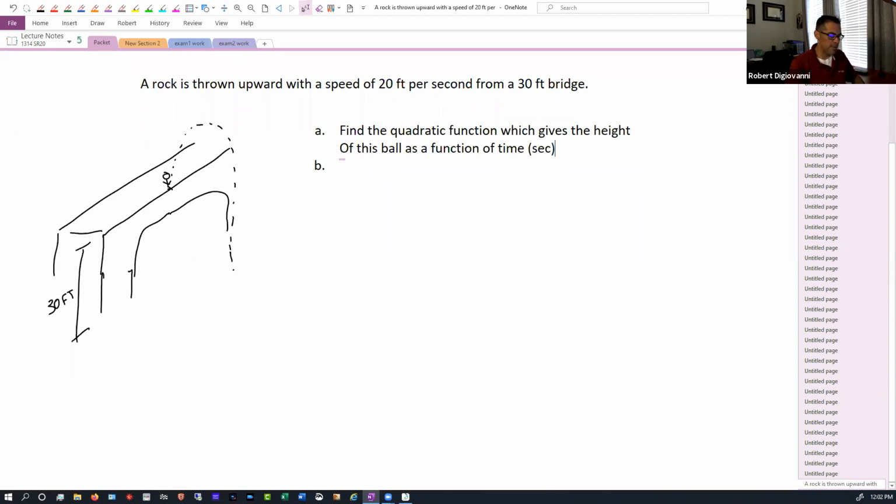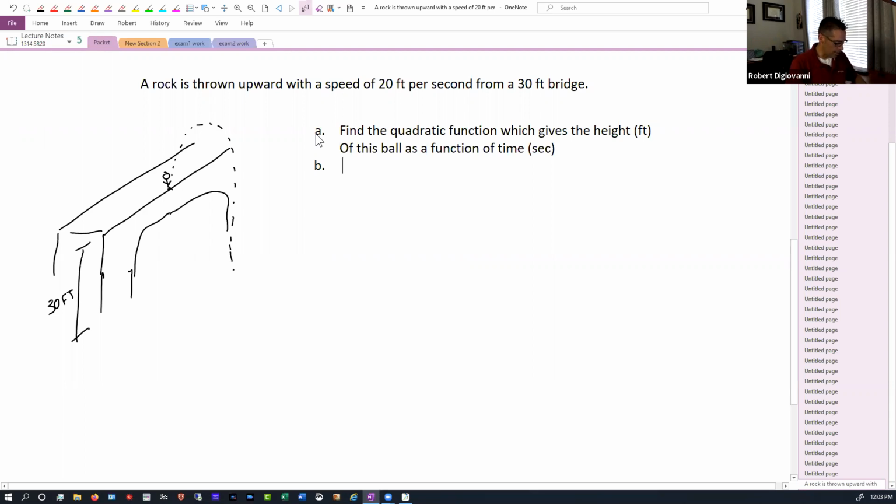In seconds, the height we want in feet. Okay, so the first thing we want to do is come up with a mathematical model that's going to tell us where this thing is going to be. And I should say here, we're taking air out of the equation here. So that means we'll be able to use that formula. All right, that's the first part.